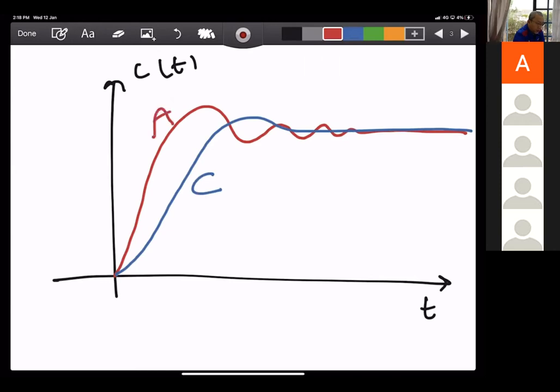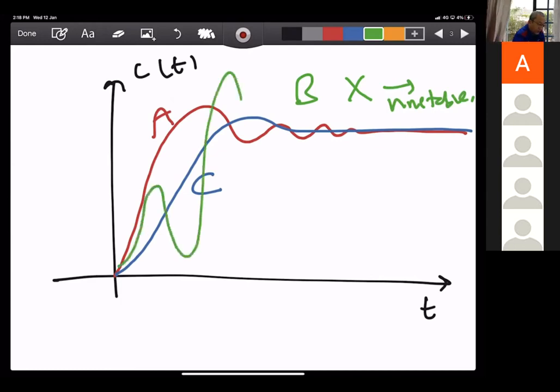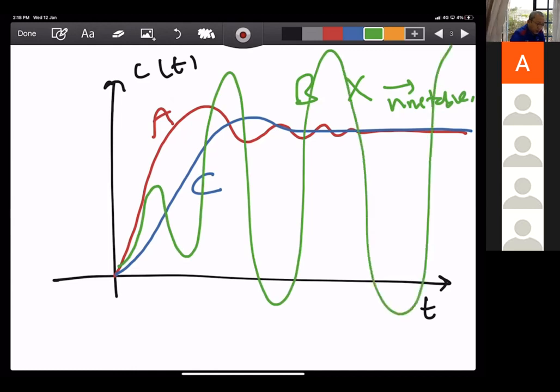B is unstable, we don't use it. B is unstable, meaning it is like this. It grows bigger, ten times, towards infinity. Okay, so which one is better?